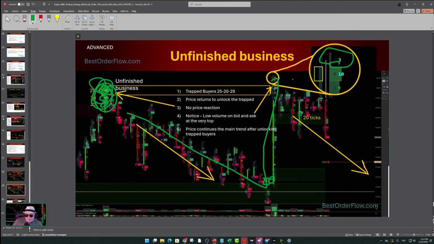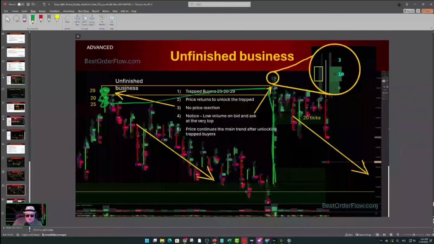And sometimes, let me give a disclaimer, guys, one single disclaimer: the same indicator I can read in more than one way. It's not always that when you see the bubbles, it means unfinished business and the price has to come over here and unlock them.